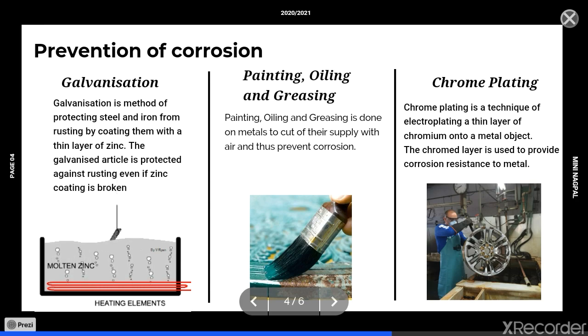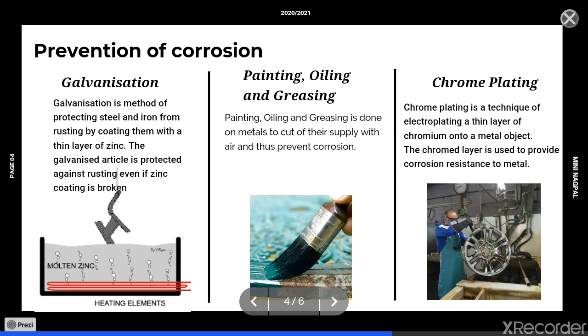Suppose it is iron, then galvanization will protect the iron from getting rusted. Even if the zinc coating develops a crack, the article will not rust because zinc is a very reactive metal and it will not let iron combine with oxygen. And then we have, as shown in the slide, chrome plating.